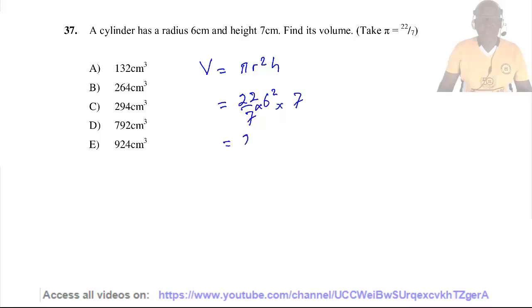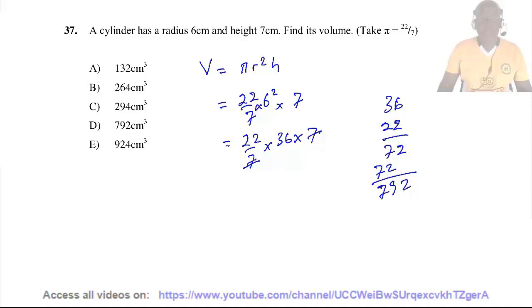So 22/7 times 6 times 6, 36, times 7. 7 will cancel 7. So we are left with 22 times 36, which is 792. So the answer is 792 centimeters cubed, which is D.